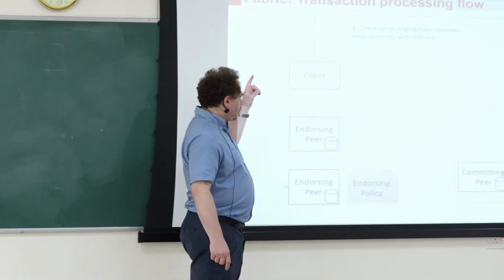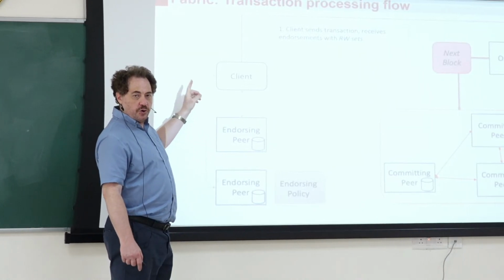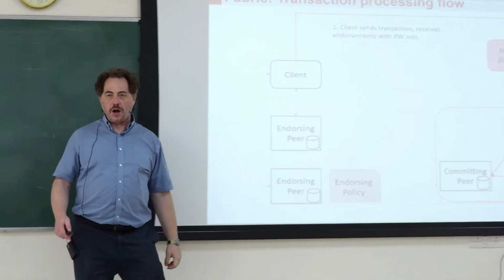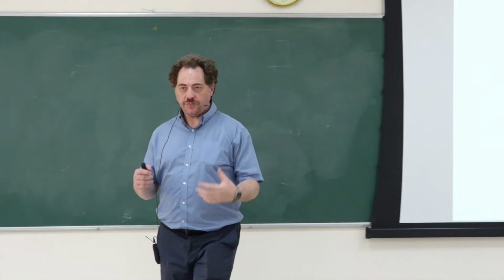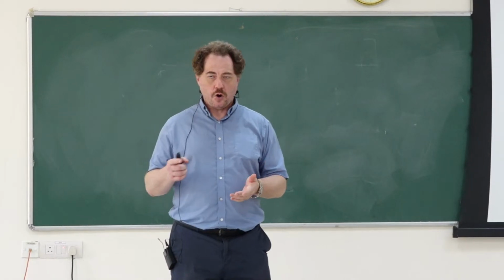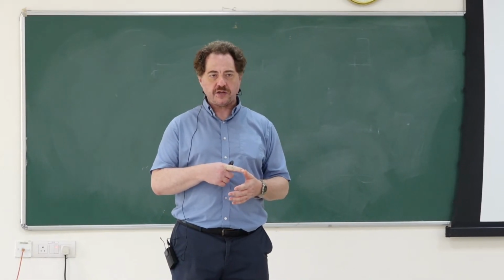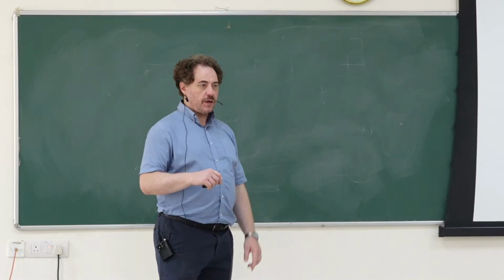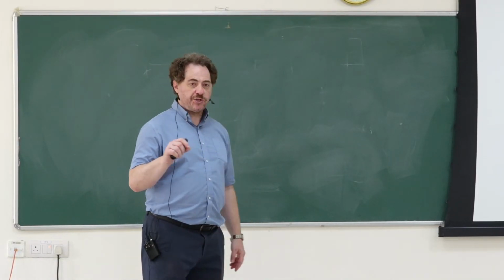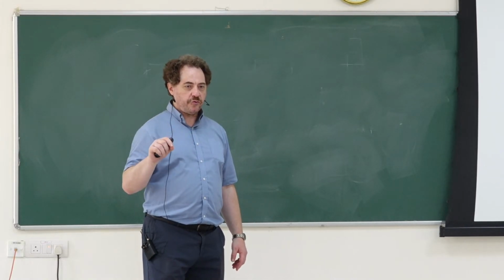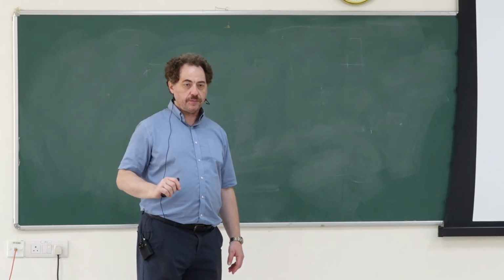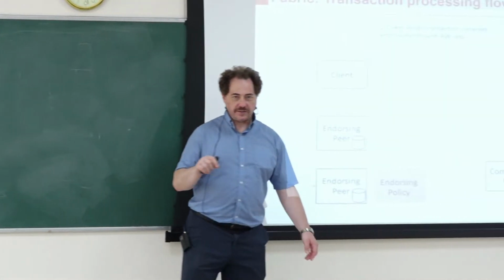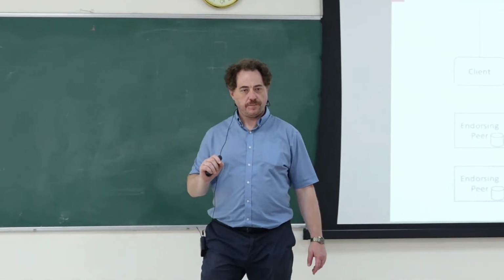The first check of validity for a transaction happens on endorsing peers. How do endorsing peers do that? Well, first of all, they see that it's a valid, authorized client who has the right to do this transaction. So there is access control, of course. But not only this. The endorsing peers would check which data would be affected by a given transaction. So they calculate what are called the RW sets, the read-write sets.